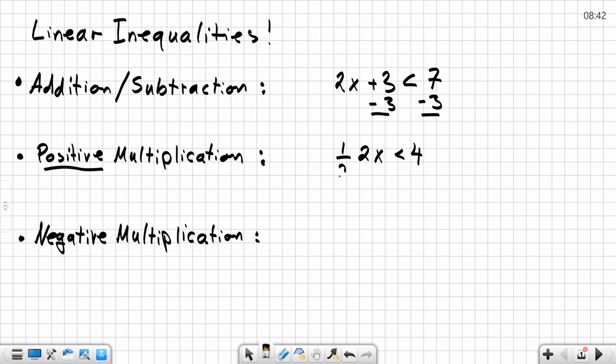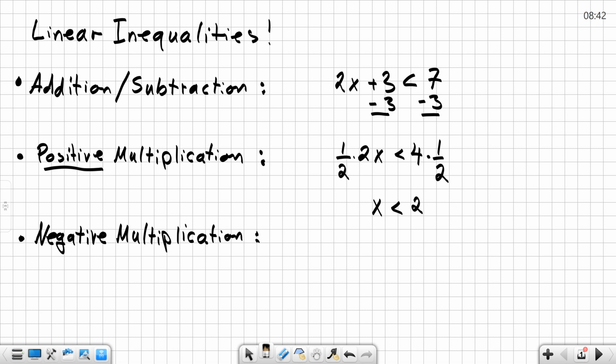If I multiply this side by 1/2 and this side by 1/2, well, this is the same thing as dividing both sides by 2. So what do we get? 2 multiplied by 1/2 is 1, and my inequality still did not change. 4 multiplied by 1/2 is 2.